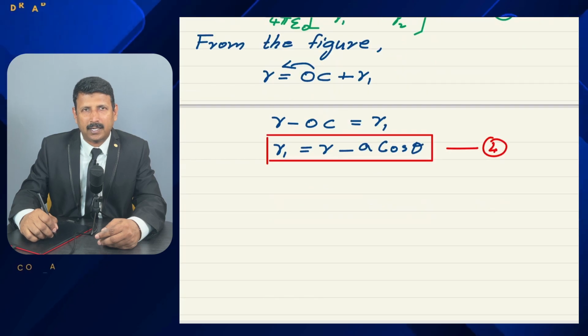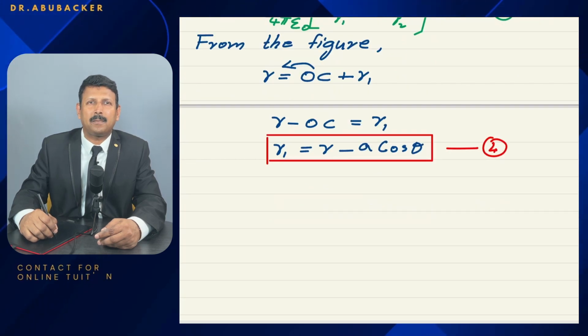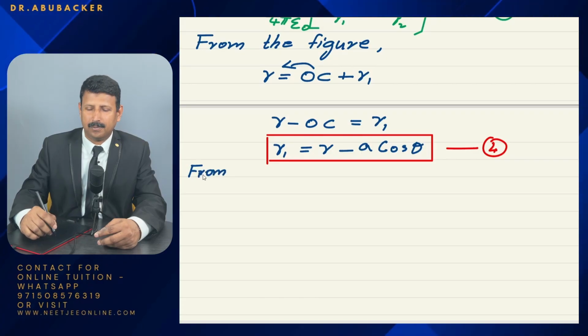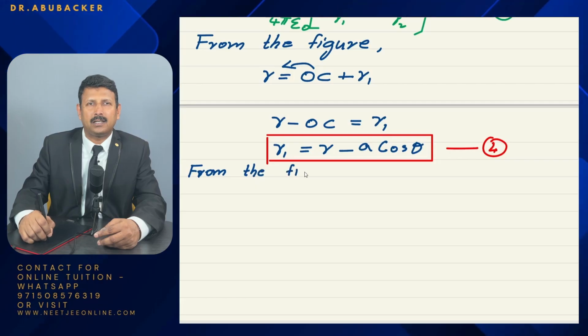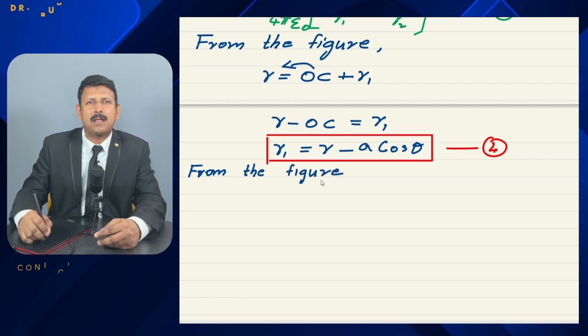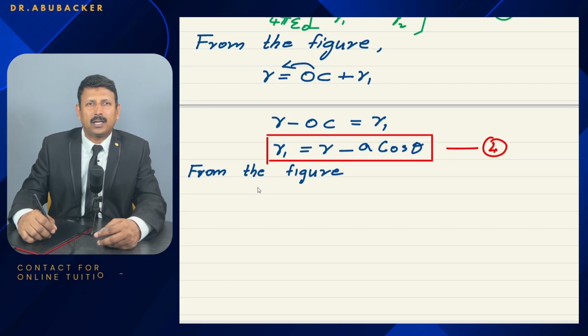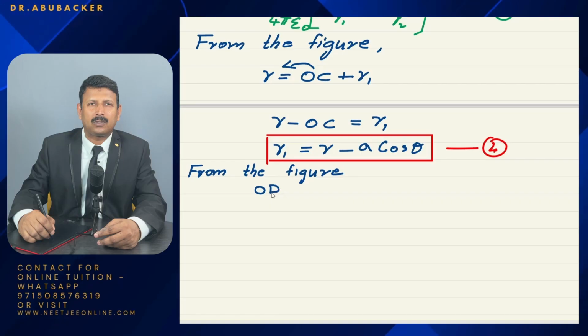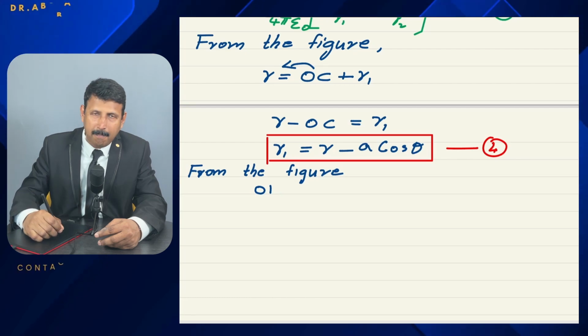Similarly, we want to find R2 also from the diagram. Again we write the same statement from the figure. I suggest you to refer the diagram. The total distance will be the sum of the individual part distances, right?